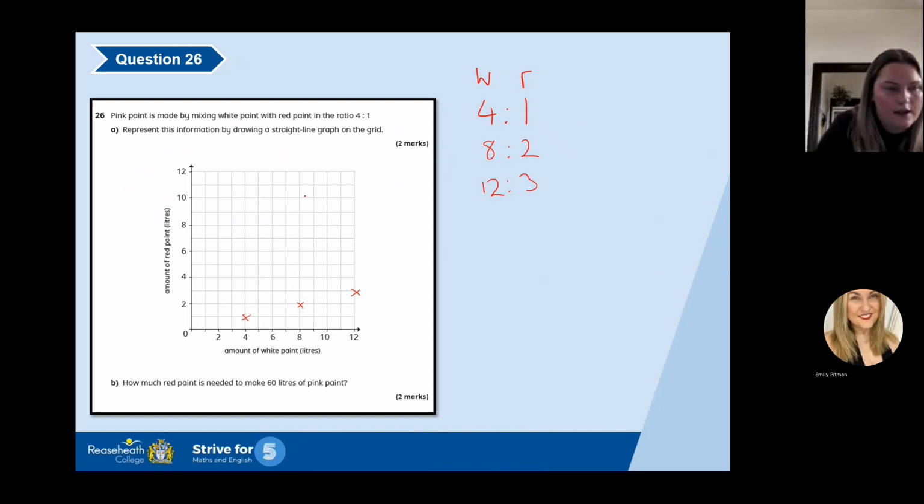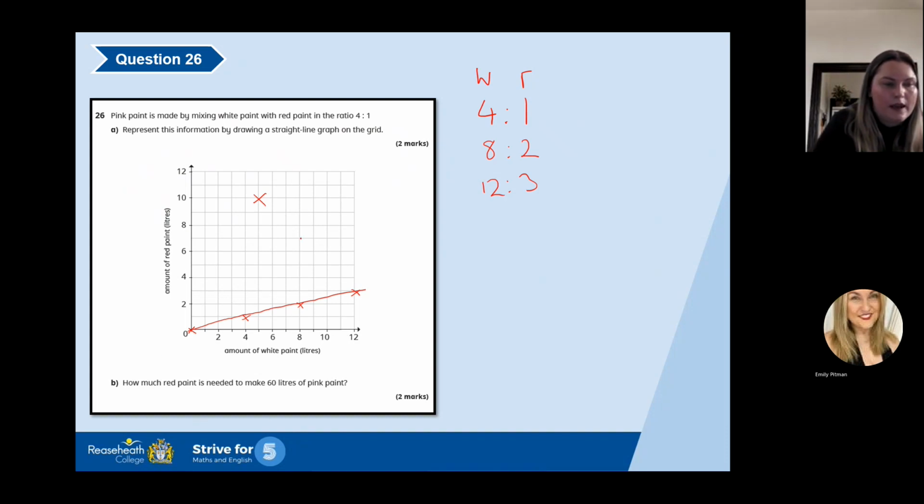Yeah, and then it would also be 0 and 0 because if we had nothing, we have nothing. You can see that this is right because it is going in a straight line. So if you're like, oh, it doesn't quite look right, and then you had a random one up here, you'd know you'd worked that out wrong. So all I then need to do is draw a straight line through. Sorry, I've not got a ruler, and then that will give me the marks.